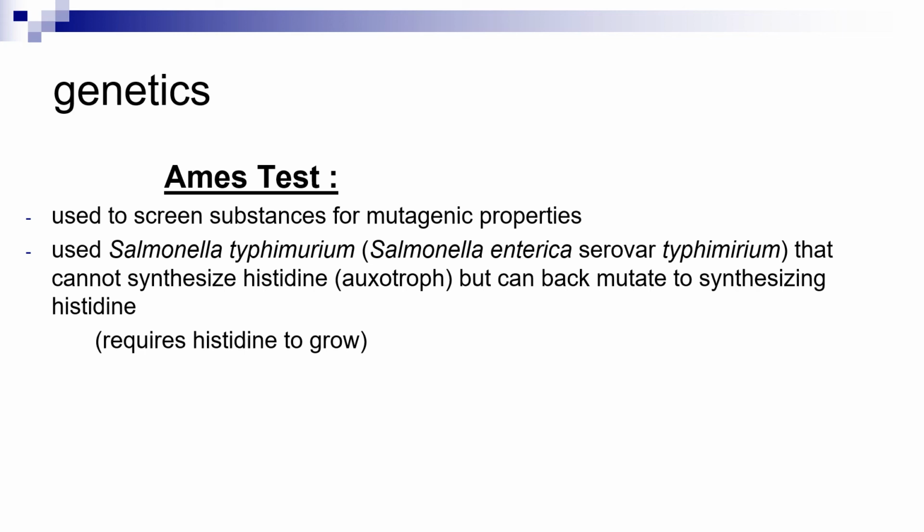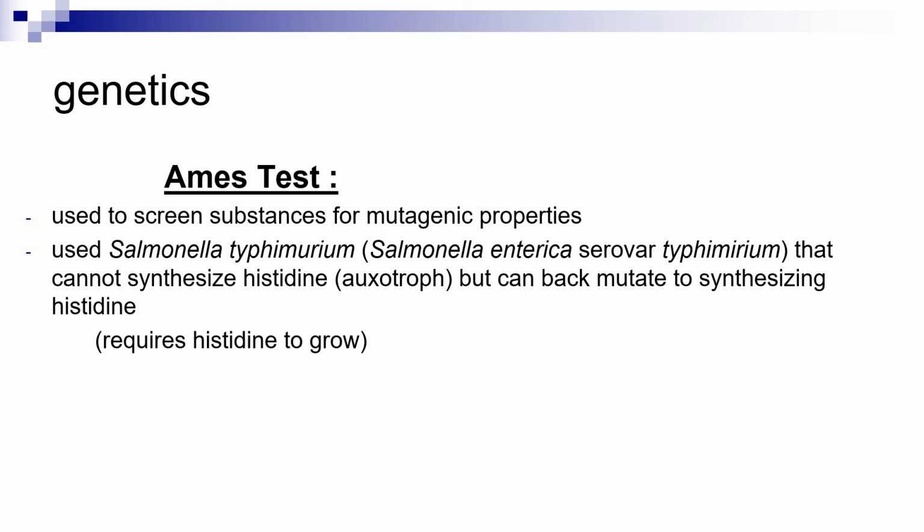And what we start with is an organism that cannot synthesize histidine. Histidine is an amino acid, and it cannot synthesize its own histidine. That makes it an auxotroph. But what we've discovered is that certain substances that have mutagenic properties can actually back mutate.